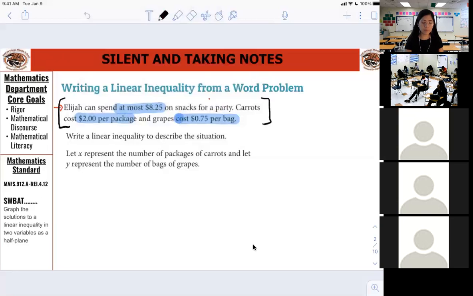We write the things in blue. You can highlight them or underline them. Yes, just the scenario. You don't have to write the part underneath.